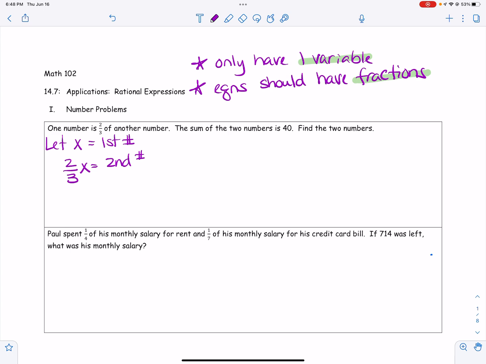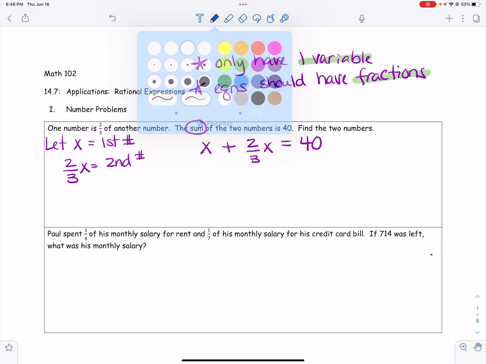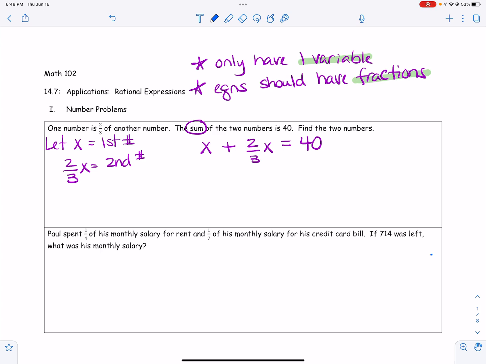Then once we define our numbers, now we're going to go to this sentence, and it says the sum of those two numbers. So I take the first number and add the second number, and that gives me 40. So there's my fraction. And once I see my fraction, I'm going to go ahead and clear my fractions, clear the denominators, just like I've been doing in all the rational equations.